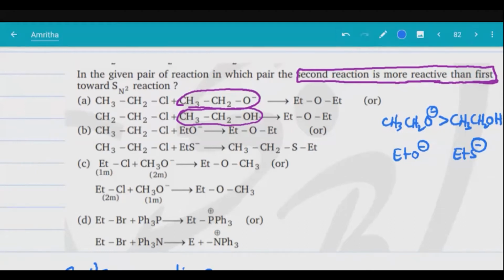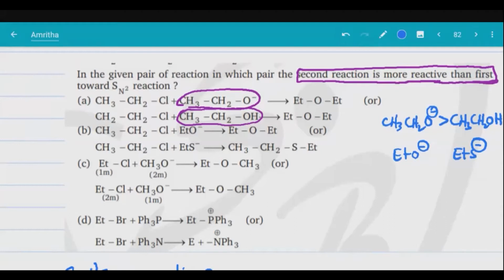Here we are looking at ease of giving. If it gives easily, faster, nucleophilicity is more, strong nucleophile. So oxygen will give or sulfur will give? Both are minus charge. If one is minus, other one is neutral, no? Only negative charge can easily donate. But here both are negative. Oxygen and sulfur, which is greater nucleophile strength?